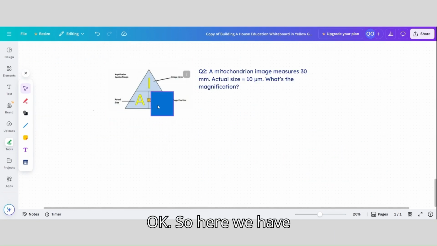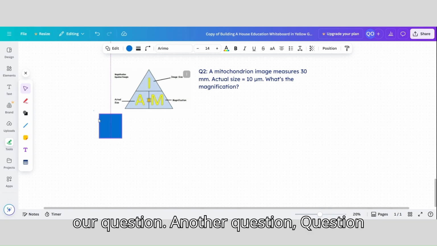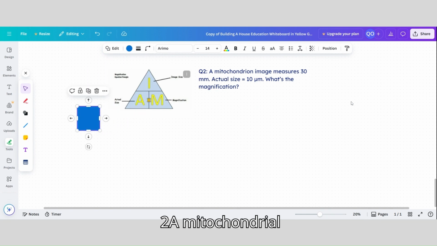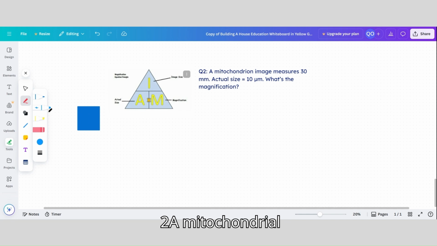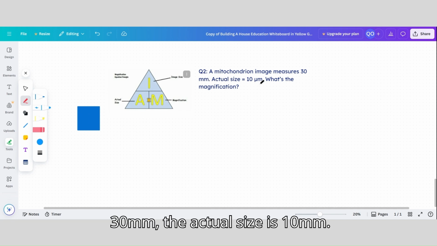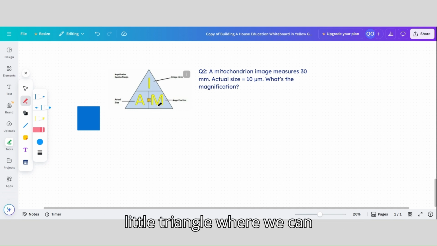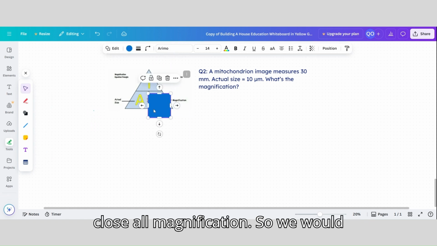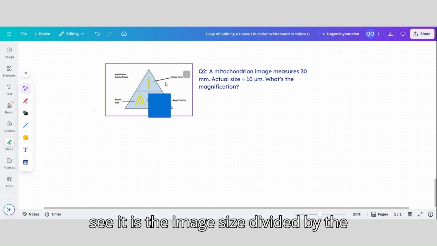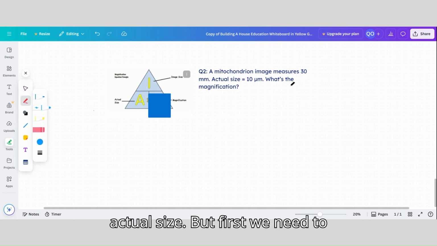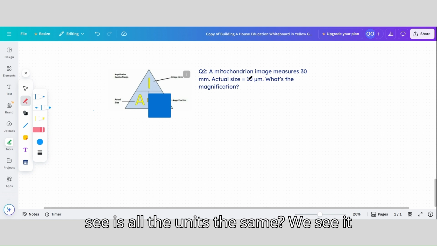Okay, so here we have another question, question two. A mitochondrial image measures 30 millimeters, the actual size is 10 micrometers. What's the magnification? We use our little triangle where we can close the magnification, so we would see it is the image size divided by the actual size. But first, we need to see if all the units are the same.